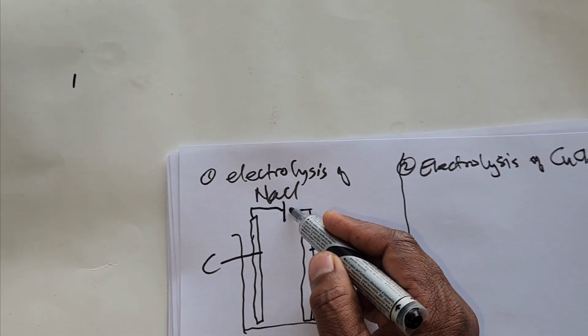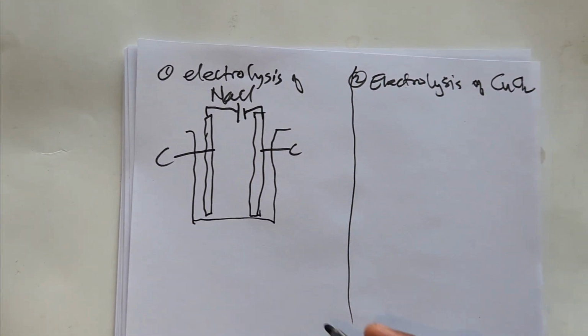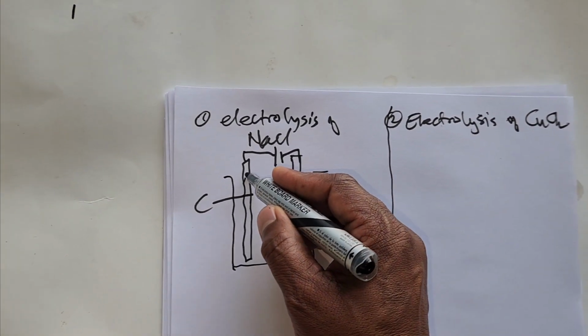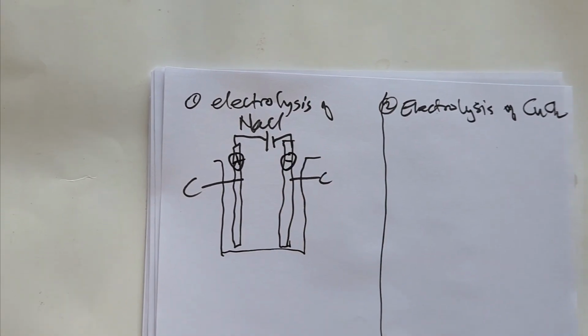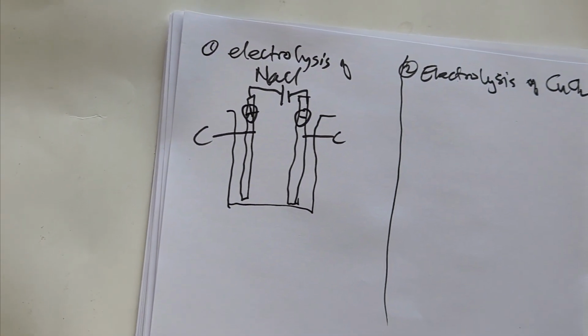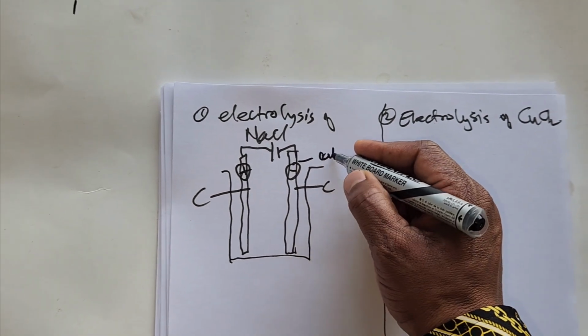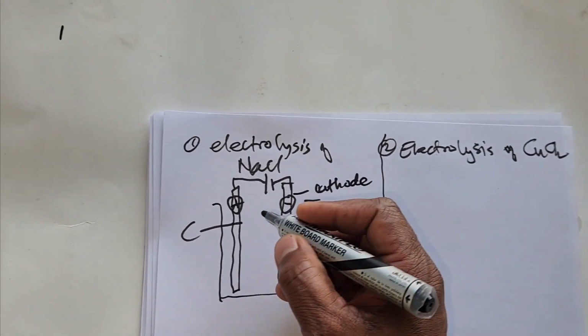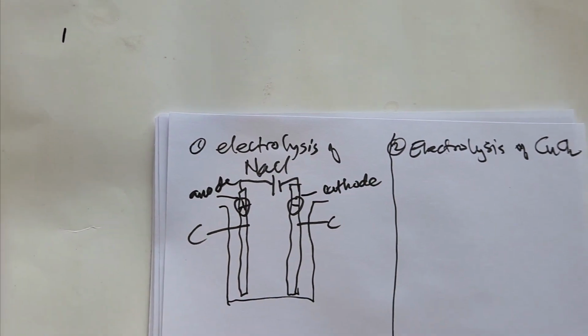We need the energy from the battery, and as a result this electrode will be positive and this one will be negative because it's connected to the negative terminal of the battery, and we know negative is the cathode and the positive is the anode.